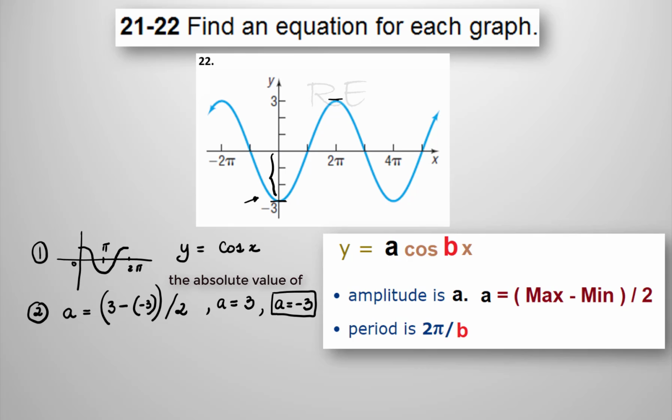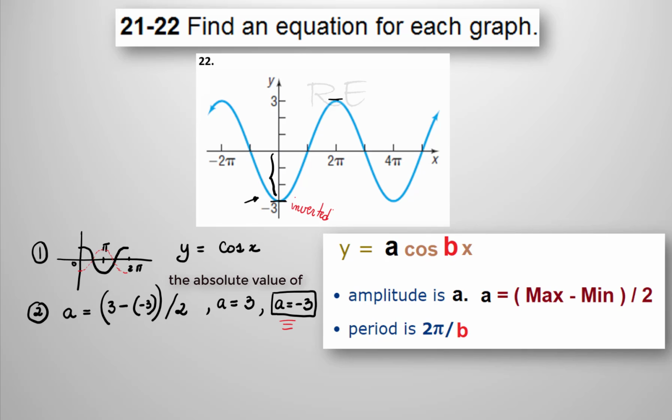The absolute value of a, which represents the distance, is equal to 3, but a, because of the inversion of the graph, is equal to negative 3. The graph is inverted.